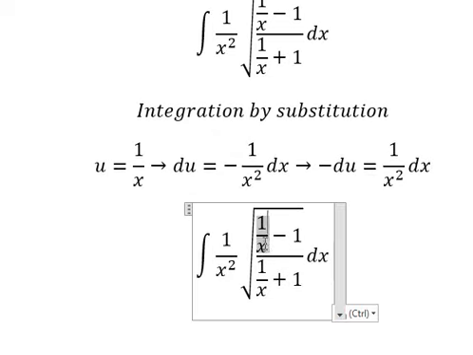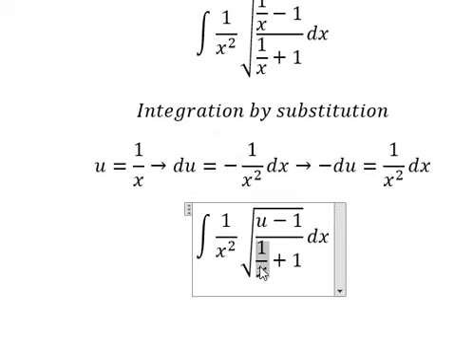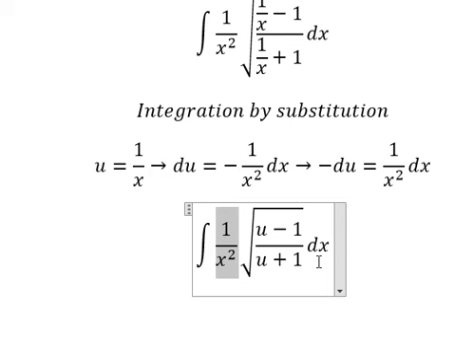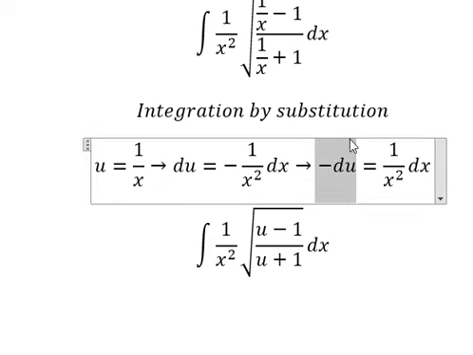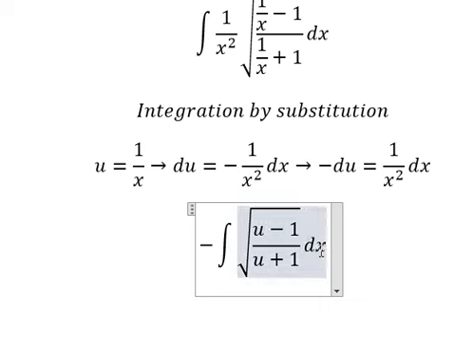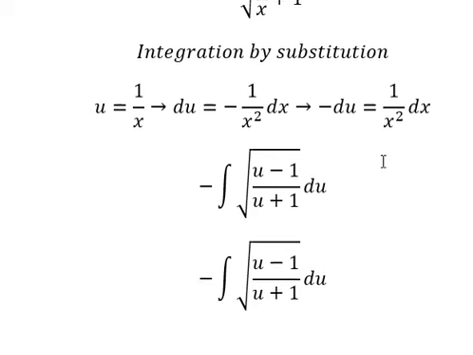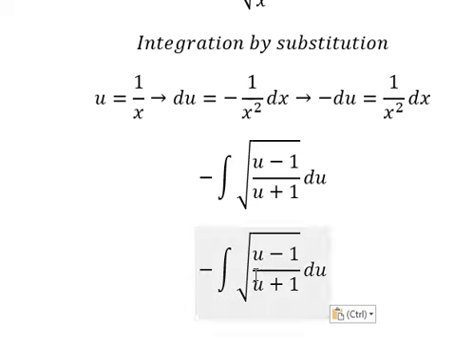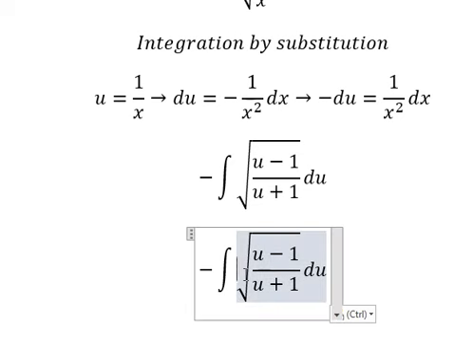So this one will change to u, this one will change to u, and this one with the s we change for this one. Next, we need to multiply by the square root of u minus 1.